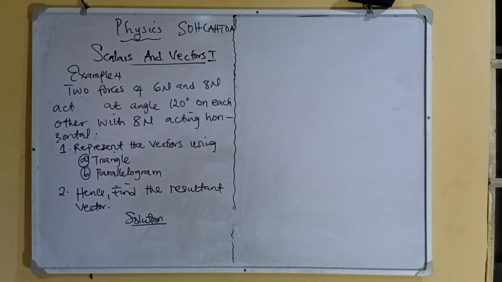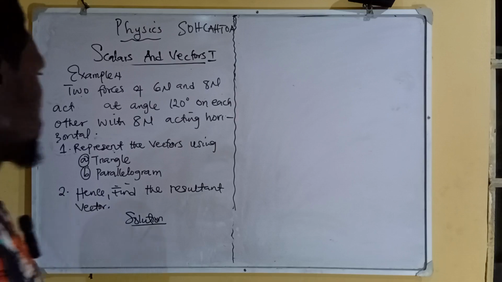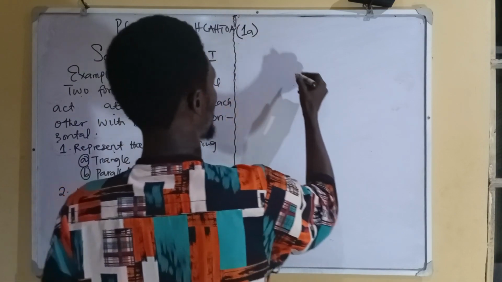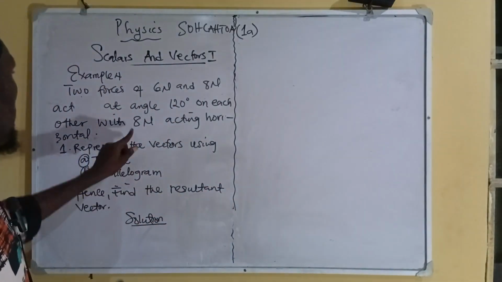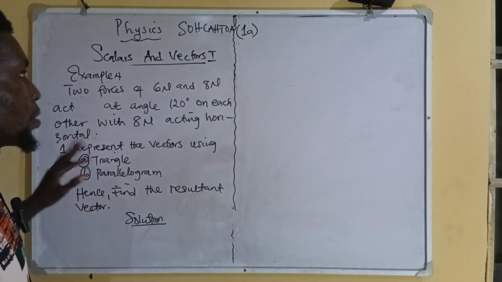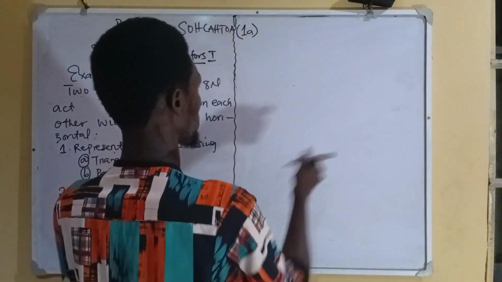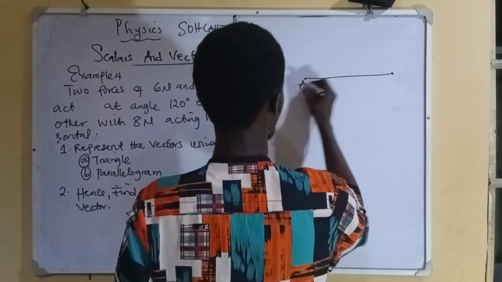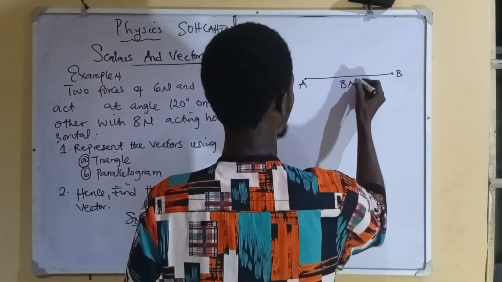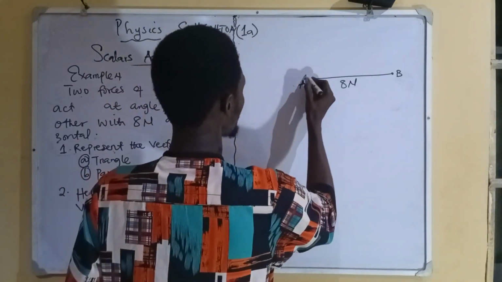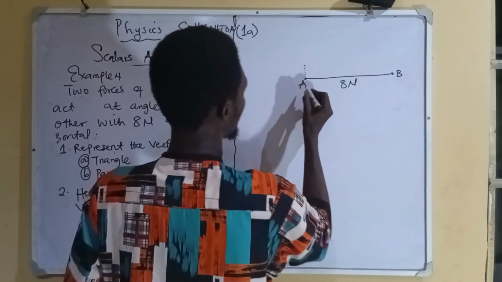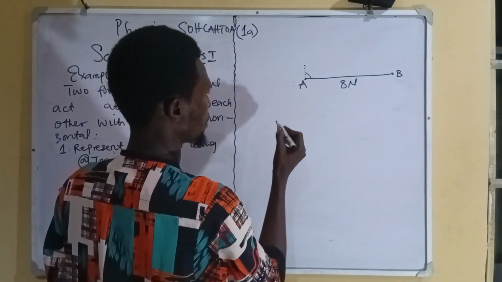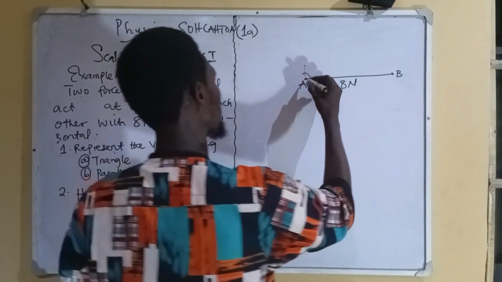So to represent these vectors using the triangle, for 1a, we use the triangle. Remember that the 8 Newton force acts horizontally. So if we start here, AB is the 8 Newton vector. From here to here would be 90 degrees, and 90 plus 30 would be 120.